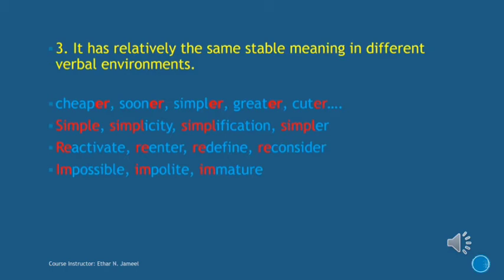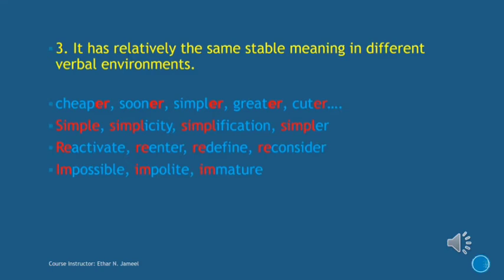Let's take examples. The morpheme ER. ER is a morpheme that has the meaning of comparison, and this morpheme is usually attached to adjectives to make a degree of comparison.